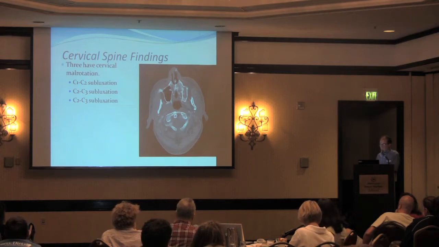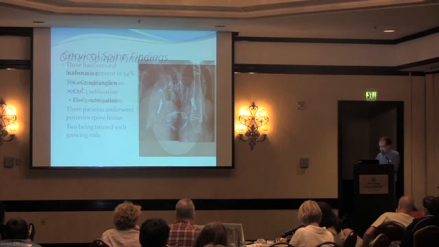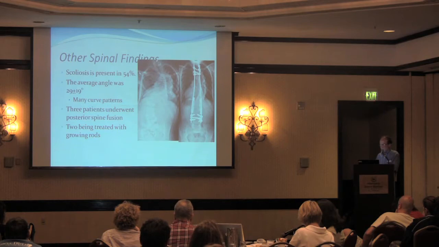You can also have subluxation or instability of some of the upper cervical vertebrae. We've seen cases of C1, C2, C2, C3, and C3, C4 subluxation, which can occasionally cause pressure on the spinal cord and may need to be fixed surgically.